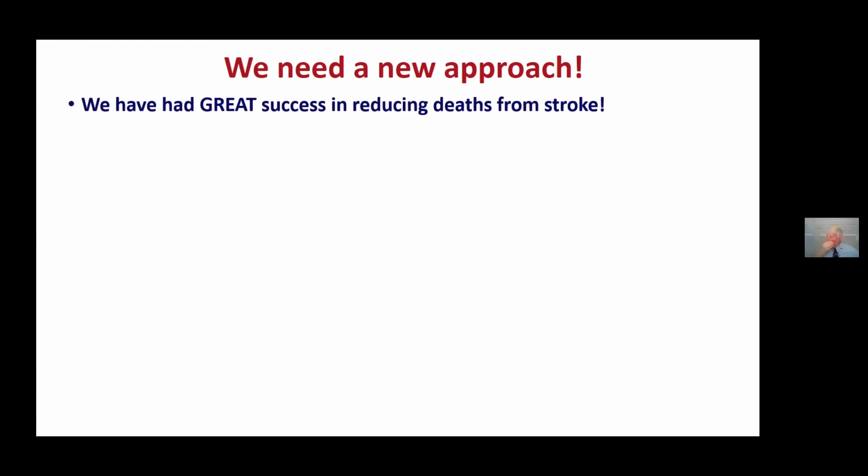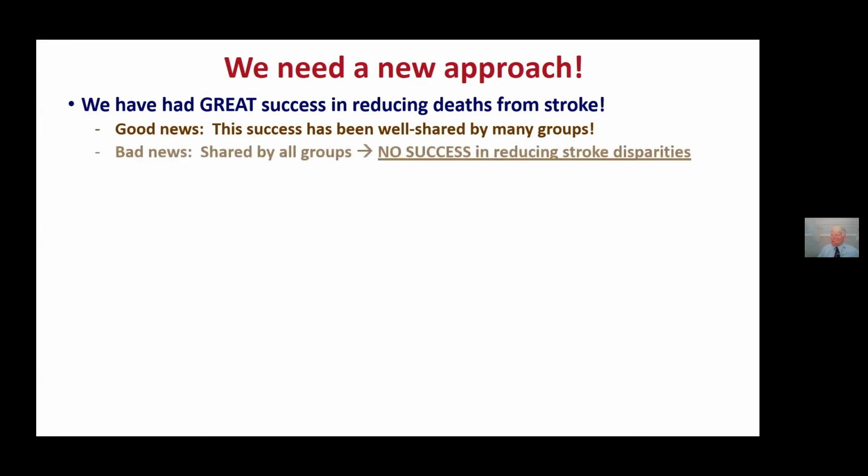Basically we've had great success in reducing deaths from stroke. We rock star, 40% decline in 20 years. It's amazing. And so the good news is that this success has been shared by all groups. That's wonderful. But nested in that good news is the bad news, which is if it's shared by all the groups, then we've had no success in reducing the disparities.